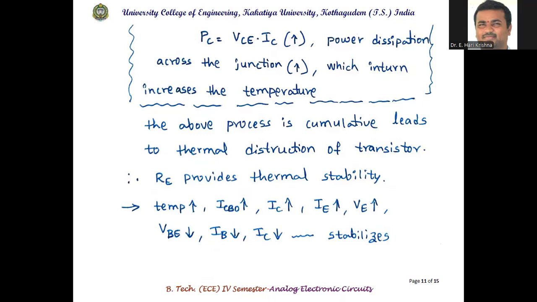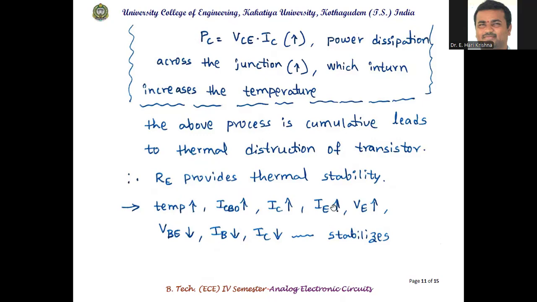But see here, in this circuit, RE is providing thermal stability. How? Temperature increases, ICBO increases, IC increases. IE is also increased. IE is equal to IB plus IC.